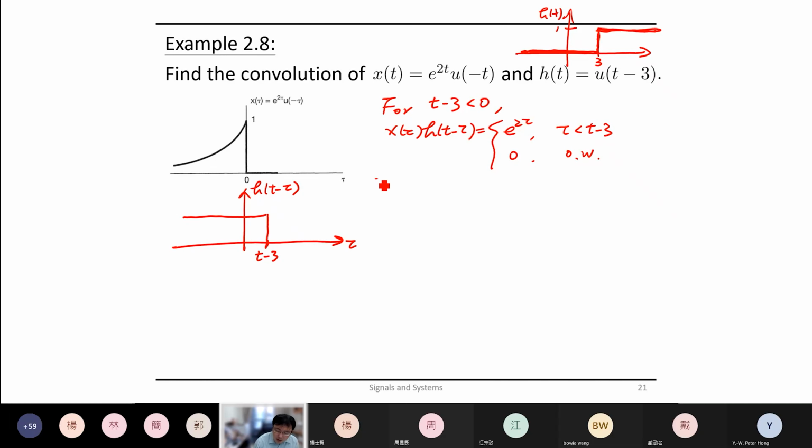Okay. So in this case, y of t is the integral up to t -3 of e to the 2 tau d tau, which gives me 1/2 e to the 2 times t -3.